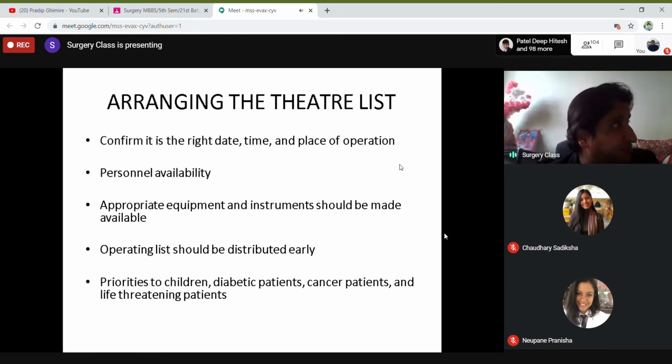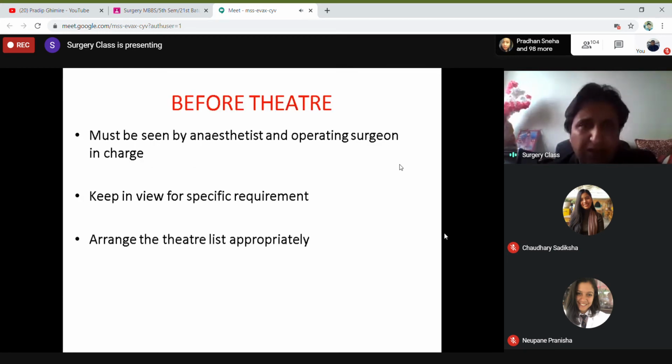So you have to arrange the proper theater list. And before theater, the patient must be seen by the anesthesia and operating surgeon in charge, keeping in view the specific requirements, and arrange the theater list appropriately, which I have already told.